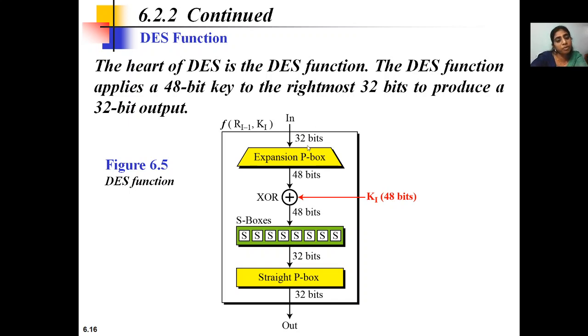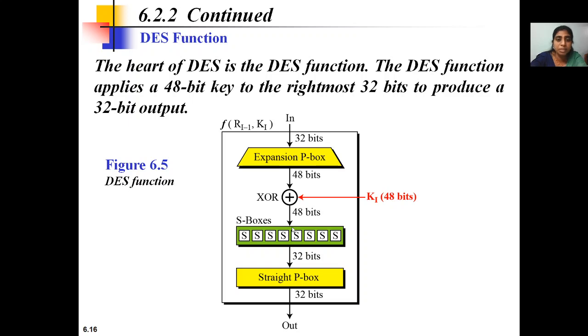We take the rightmost 32 bits and put that data into the expansion P box, where 32 bits are transposed to 48 bits. Then we XOR with the key bits. The 48 bits are XORed with the 48 bits of key. Then we get output as 48 bits.